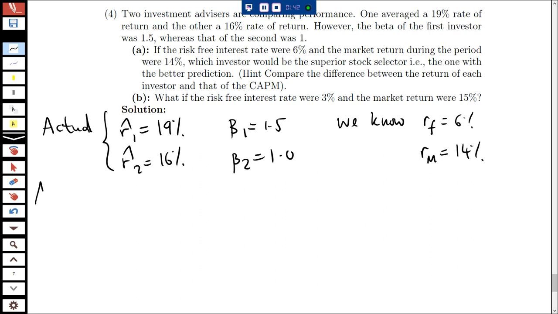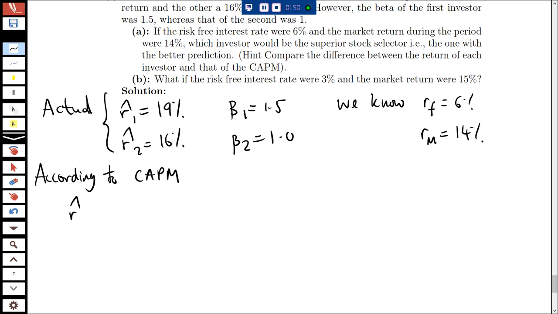So according to CAPM, the first investor should have had a return of 1.5, that's the beta, times the excess return, plus the risk-free rate, and I make that 18%.